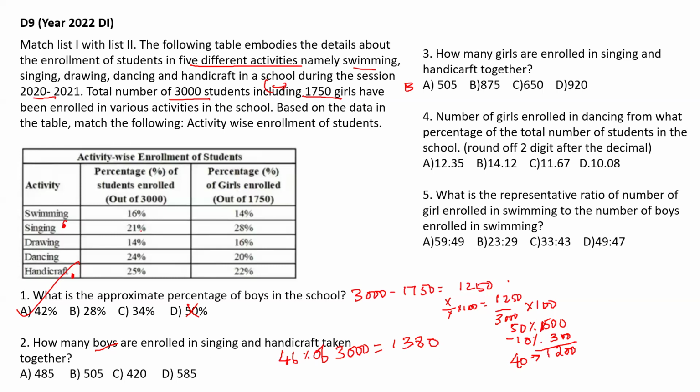Again, you have to find out the girls' value. Singing and handcraft, 28 plus 22, 50. Right? 50% of 1750. So half of 1750 is 875.